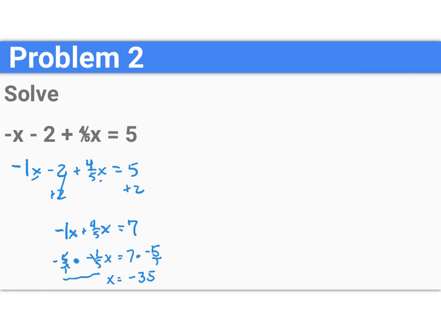Anytime you multiply a fraction by its inverse, you will get the same number divided by itself, which is 1. So that is that. Those are the end of our examples. I will meet you at the end of this video for a recap.